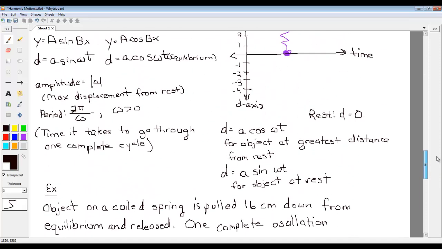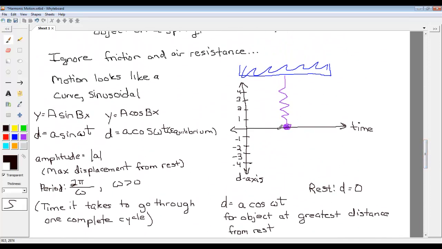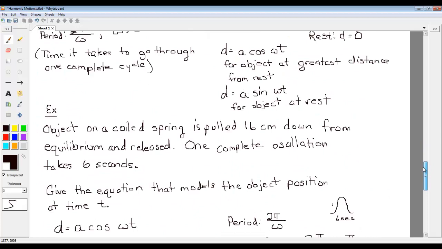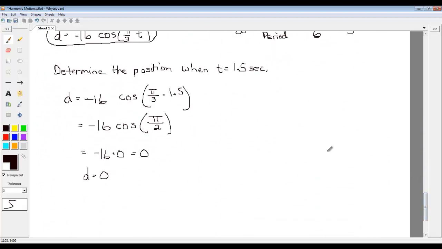Remember, d is how far, this is the d-axis, so it's how far your object is from that equilibrium point. If d is 0, that means the object is at equilibrium. Now, equilibrium means, if you hadn't pulled on it and it was just sitting there resting, the object would be sitting right there at 0.